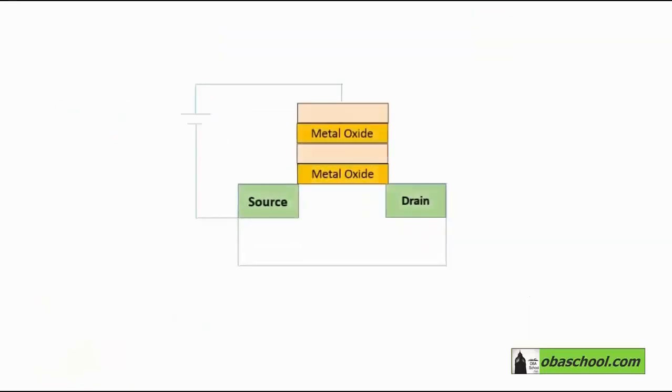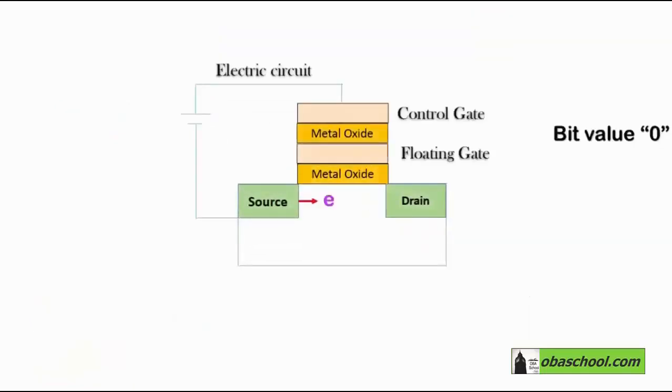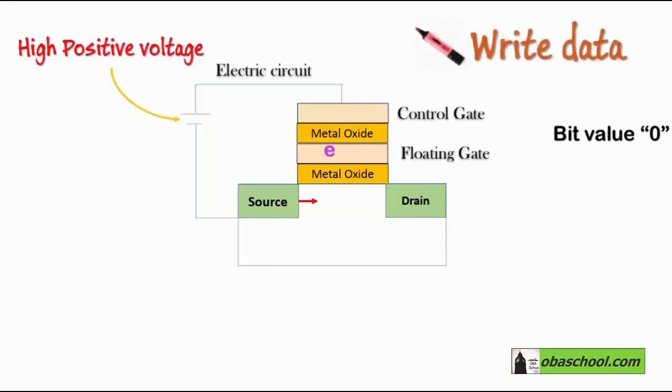Now let's look at this case here where the source has an electron. If we give this a high positive voltage, like this, then the electron will move to the floating gate. And when this happens, then we are writing data.